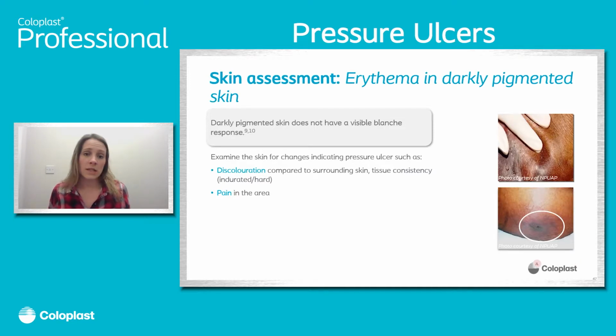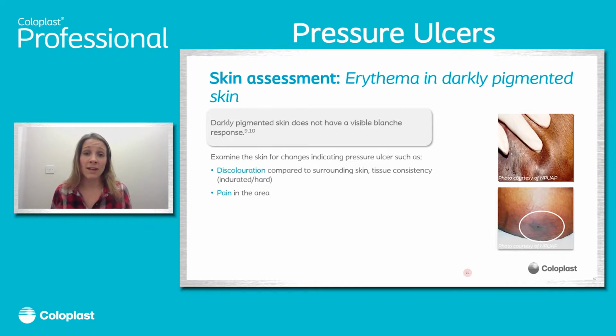So we did touch on this when we were looking at the categories today of pressure damage, but the erythema in darkly pigmented skin can sometimes be difficult to recognise, and we don't have that visible blanch response. So we do need to examine the person's skin for any changes and changes in the consistency of tissue, or speak to our patient.